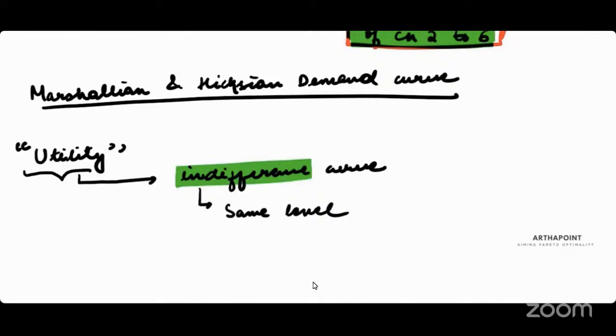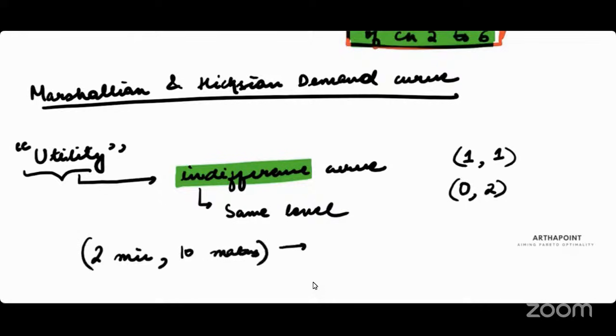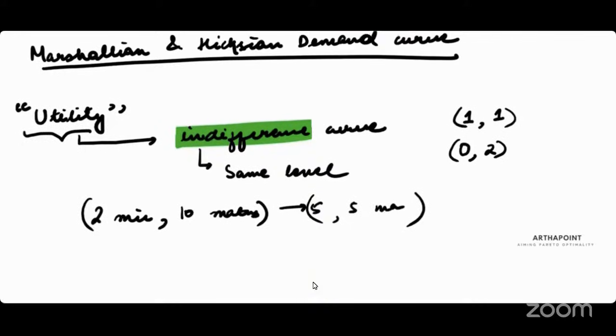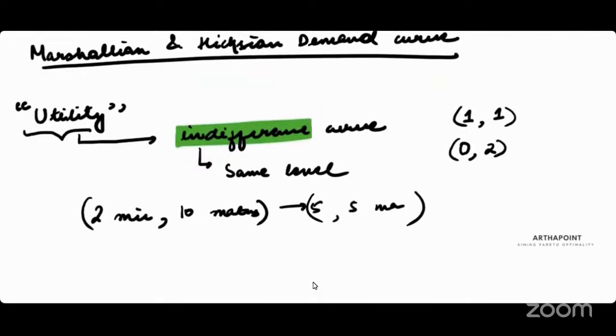For example, when I have one car and maybe one house, it gives me the same utility as having no car but two houses. When I read 2 micro books and 10 maths books, it gives me the same utility as 5 math books and 5 micro books. So the bundles that give you the same level of utility are depicted by these indifference curves.